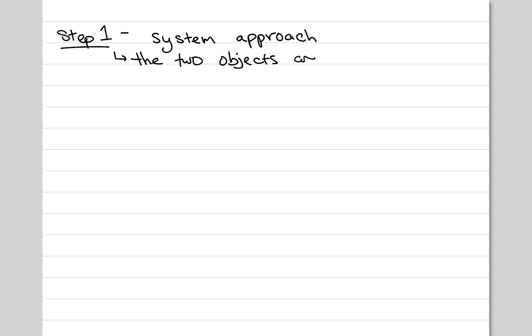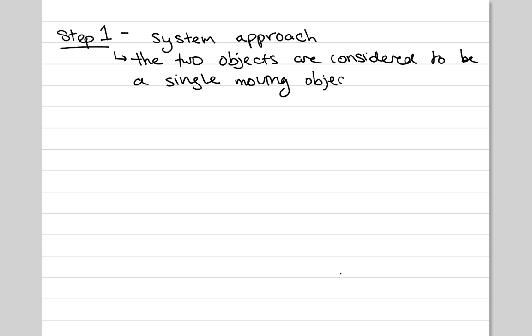Okay, so for these problems, step one is a system approach. The two objects are considered to be a single moving object together as a whole.